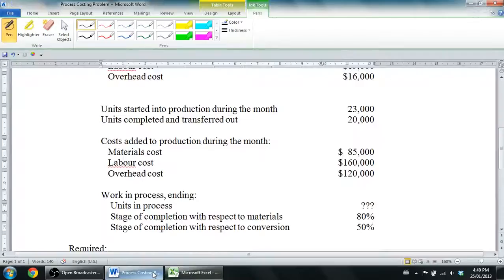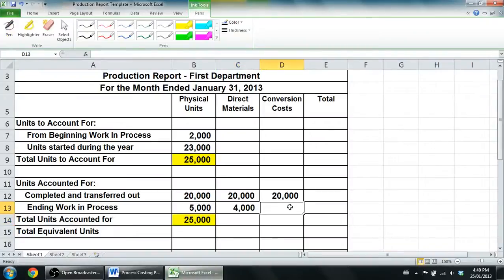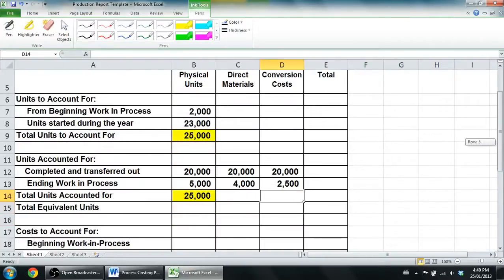So our materials, again, if I have 5,000 units, they're 80% complete. That's like 4,000 units. 5,000 units that are 50% complete as the conversion. Remember, conversion is labor and overhead. 5,000 times 50% is 2,500 equivalent units. All right, that's a key moment in preparing these things. You might want to pause it, replay it, make sure you've understood those equivalent units.